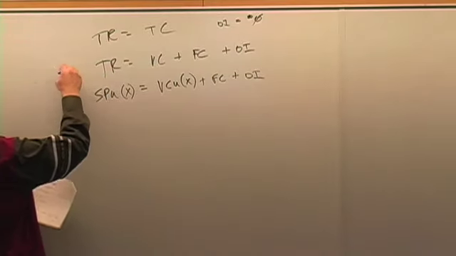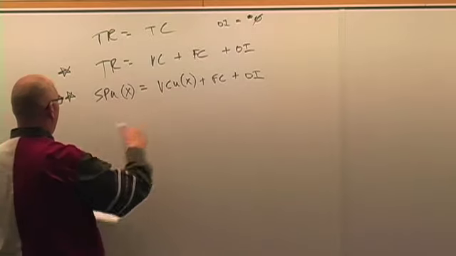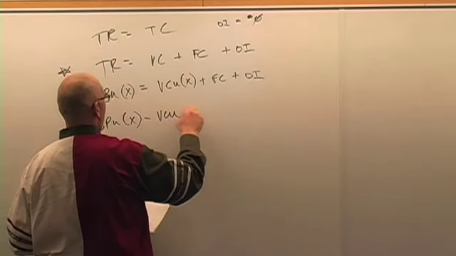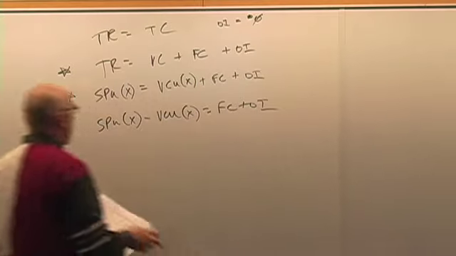I want you to put a star by both of those because I will refer to those next class period. Now I'm going to do some algebra. This is the only time this semester where we derive a formula. So I'm going to clump some stuff together. SPU X minus VCU X equals fixed cost plus operating income.